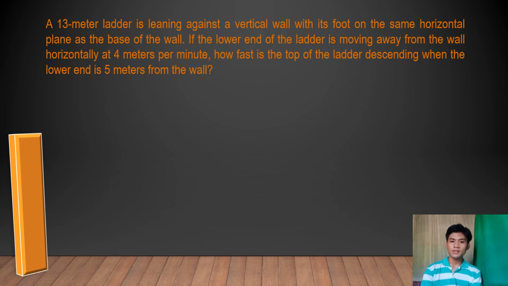So assume that the figure presented is our wall, and then the ladder itself, which measures 13 meters, and the base of the ladder is moving 4 meters per minute, and we are asked to find the rate of change of the top of the ladder.